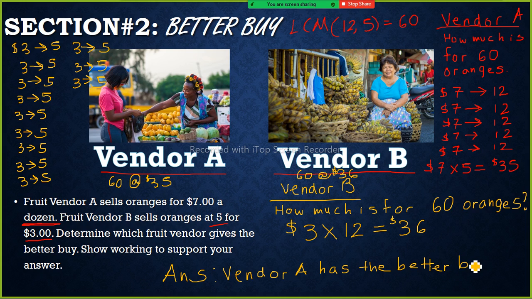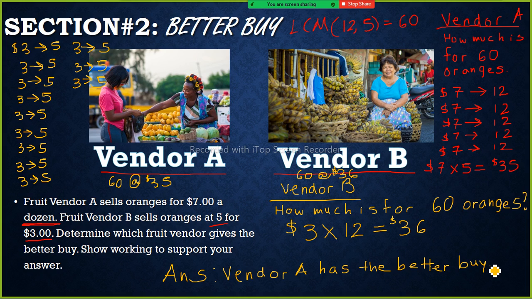So the key to answering these questions is that you must find an equal quantity of both, so that you can figure out how much it is for an equal amount of goods. That's very important.